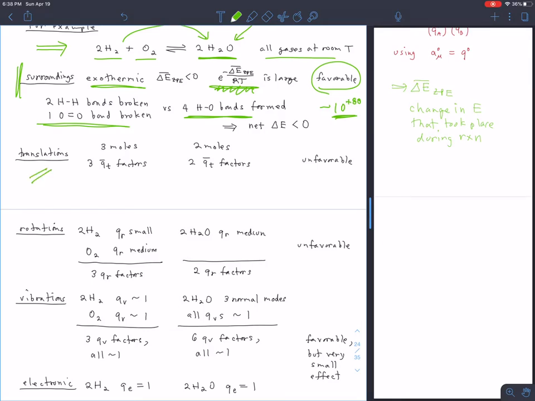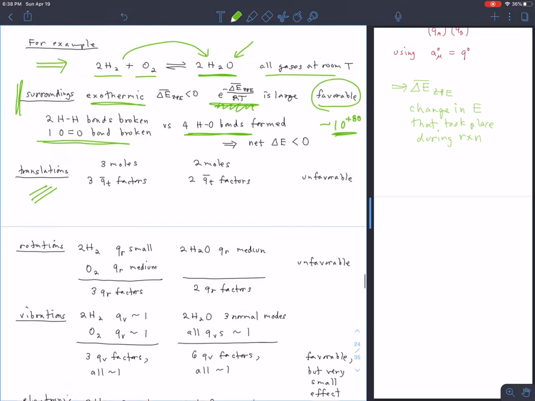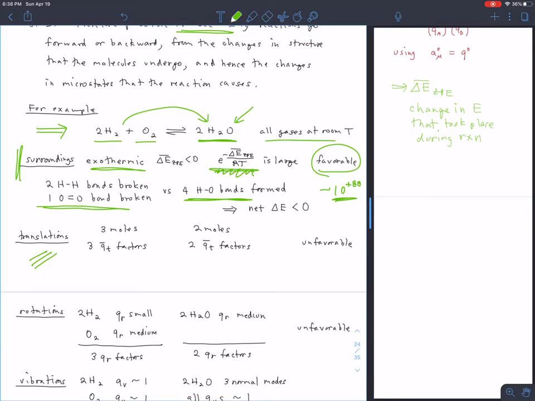Then there are the translations. This is the second biggest contribution. In this particular case, it's not a huge effect because there isn't a very big mole number change, right? What matters for the translations is how many moles of stuff there is on each side. And the reason that matters, we can now see, is because it determines how many translational partition functions will appear on each side.